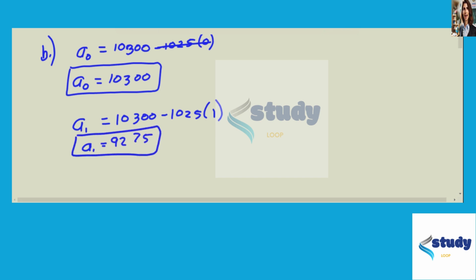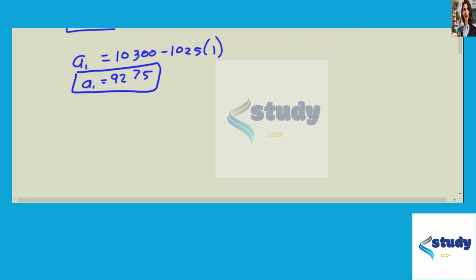All right, next we need to find after 2 years, so we're going to find a sub 2. We'll have 10,300 minus 1,025 times 2. 1,025 times 2 is equal to 2,050, and 10,300 minus 2,050 is equal to 8,250.